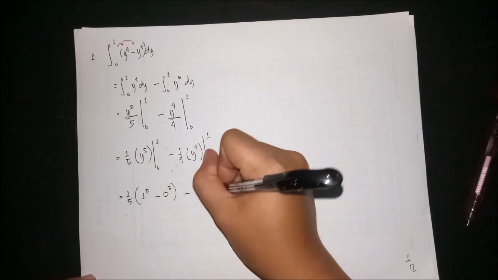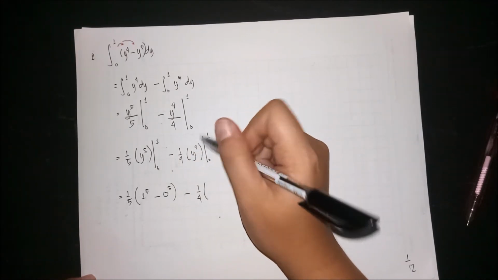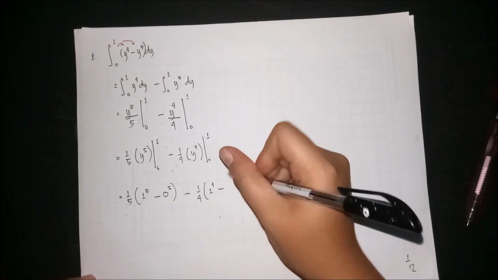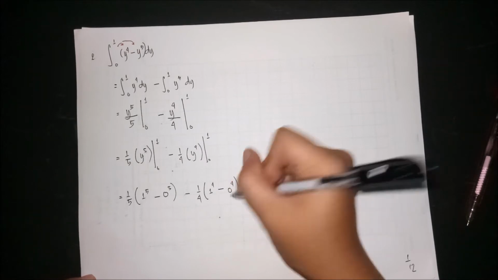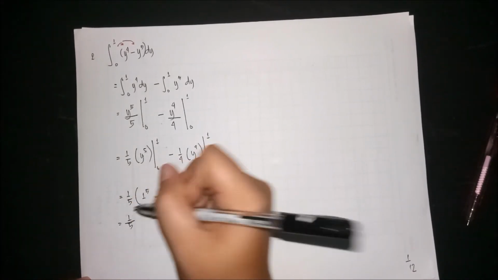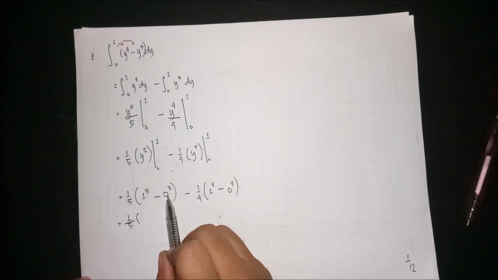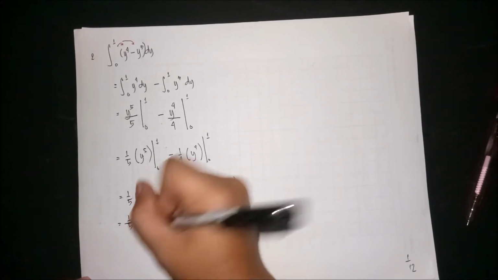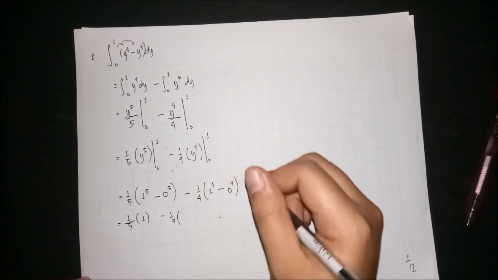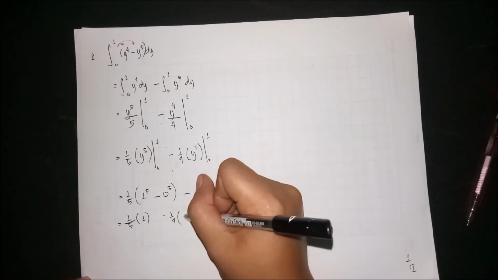Yung kabila naman, this is 1/4, y to the 4 class, upper limit, pasok mo. So, that is 1 raised to the 4, minus lower limit class, this is 0 raised to the 4. Simplify class, this is just 1/5 times yung loob nito class, this is 0 na. This one is 1. Minus 1/4, yung loob nito class is 1 raised to 4 is 1 minus 0, that is 1.